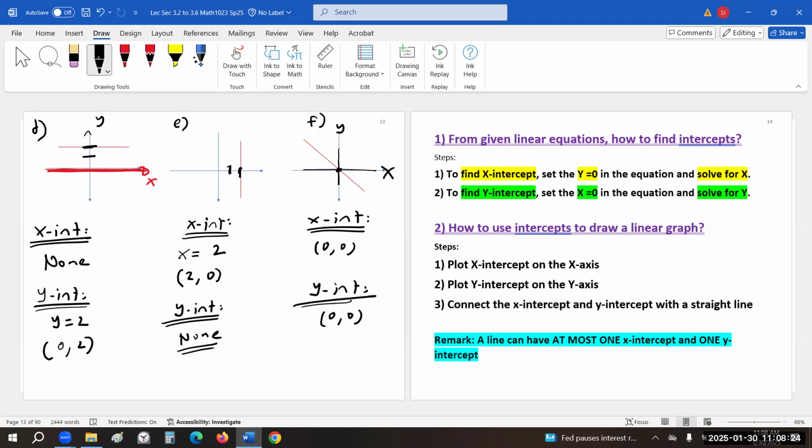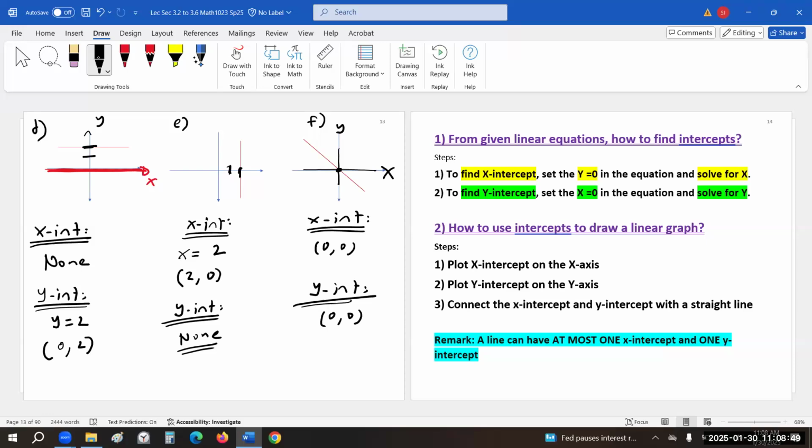Now, why do you care about x and y-intercept? Well, by using x and y-intercept, now we can draw any line easier than by plotting points. How? Once you find the x-intercept, plot it on the x-axis, plot the y-intercept on the y-axis, and then connect them with a straight line.